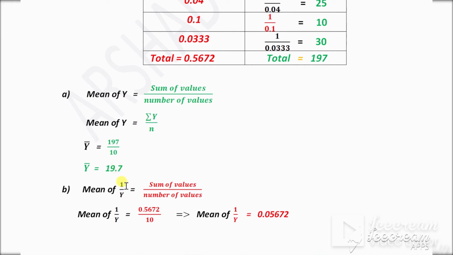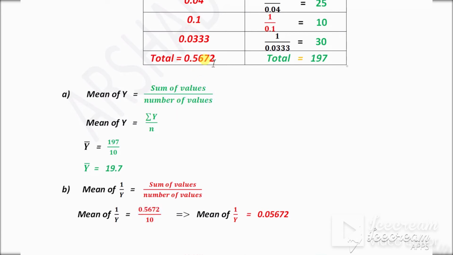Now part b. Now we have to find the mean of 1 over y. So 1 over y is this red one. Again the same idea: the mean of 1 over y is equal to sum of values divided by number of values. The sum of this red value is 0.5672, and the number of values is 10.